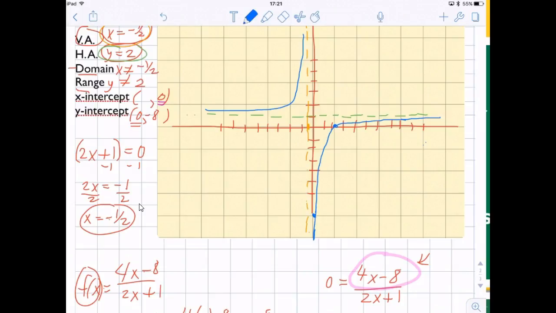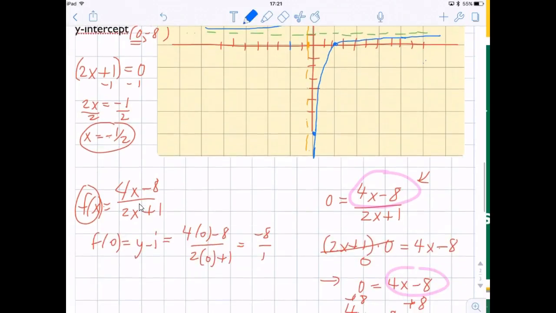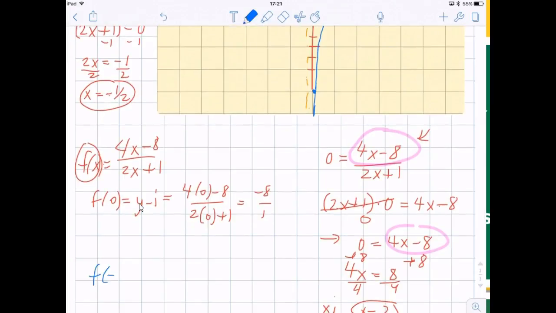Let's try to get 1 point on the left side so that we can draw it more precisely. Let's take this point here, x equals negative 2. If we put x equals negative 2 in our equation, we'll get f of negative 2 equals 4 times negative 2 minus 8, divided by 2 times negative 2 plus 1. That'll be negative 16 divided by negative 3, which is equal to positive 5.33.